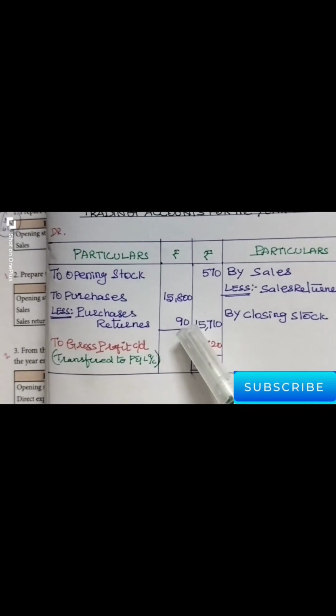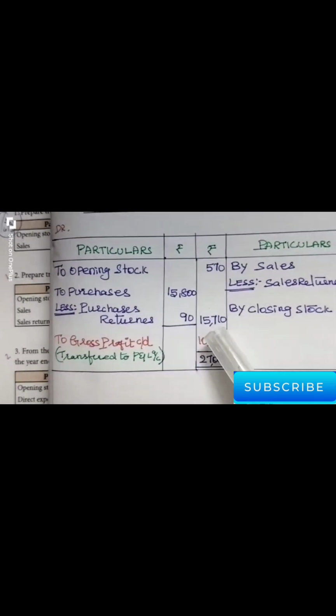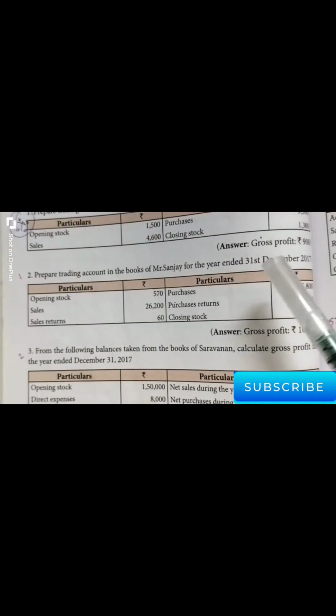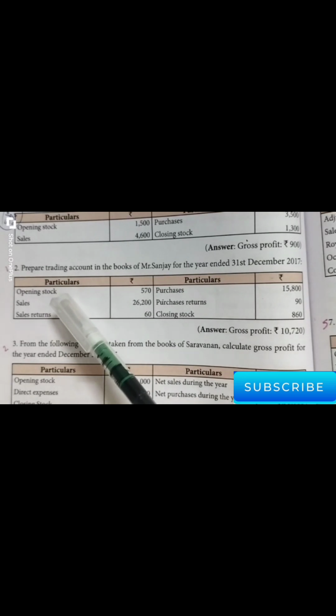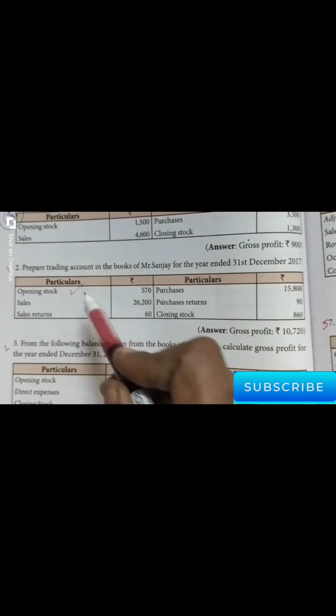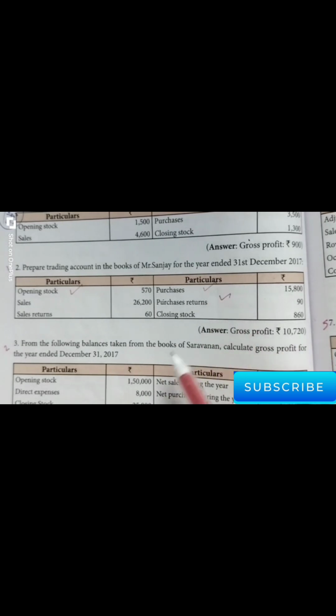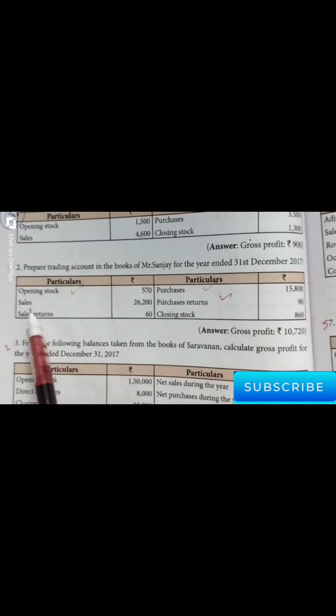Then you subtract 90 from 15,800 and you get 15,710. This is the net purchases, entered in the outer amount column. So opening stock is entered, purchases and purchases return are also entered.